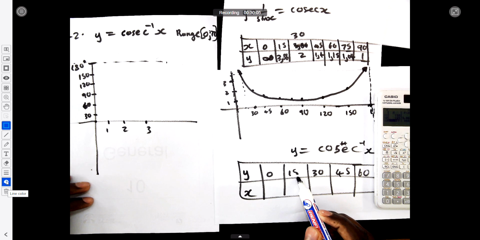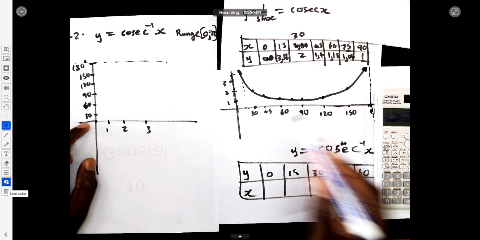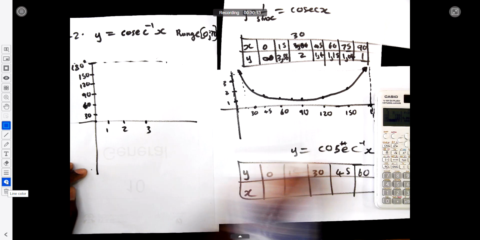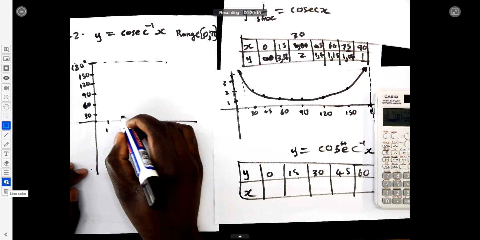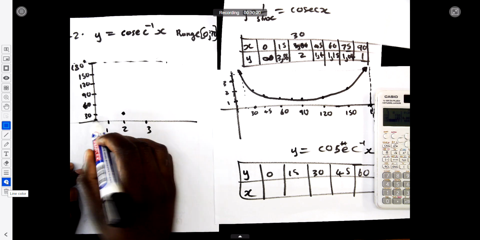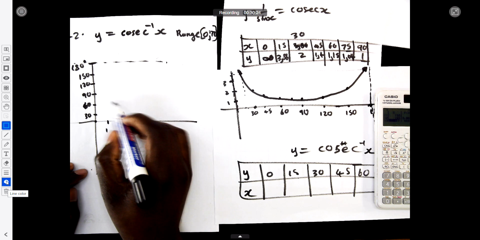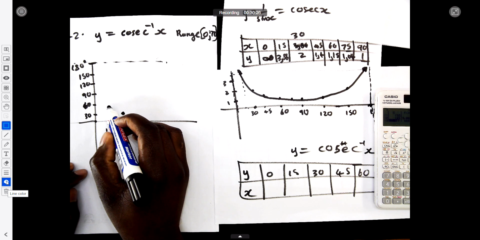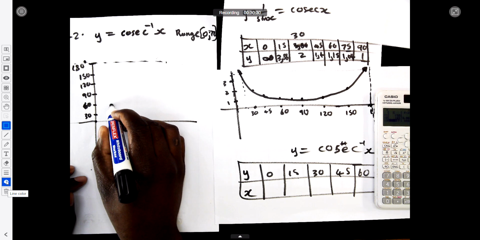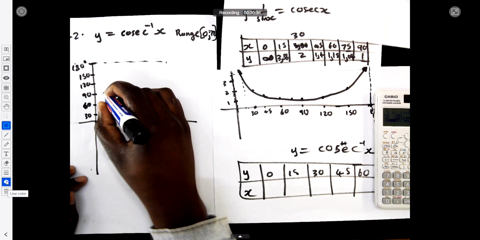At 15, when y is 15 degrees, let me skip 15. At 30, what did we have? It was 2, right? At 30, we had 2. Though at 15, we had 3 point something. But at 60, what do we have? 1.15, somewhere. And at 90, it goes to 1.